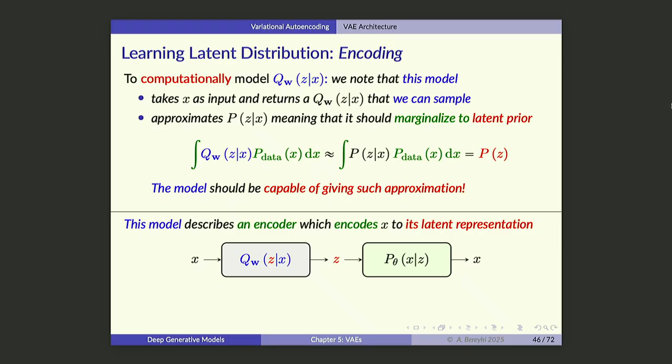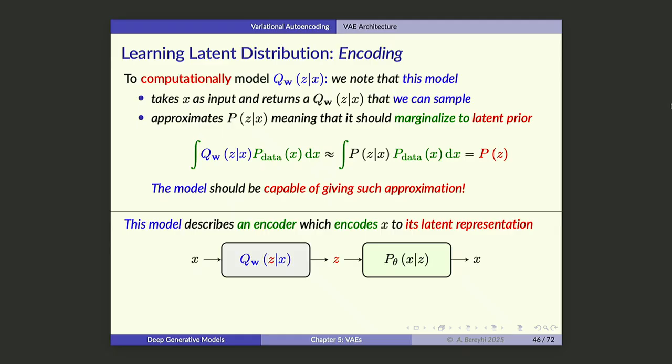Because if there is no W, no parameter in my model that is able to make a Q distribution that marginalizes to my latent prior, this means the model is not able to capture what I want. It would never be able to approximate the posterior distribution of the latent. So don't confuse yourself into thinking that this should happen for every W. This is not the case, of course.